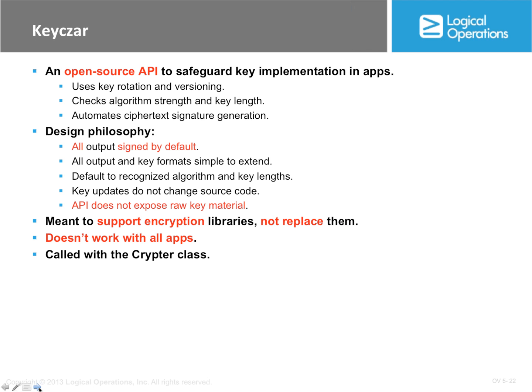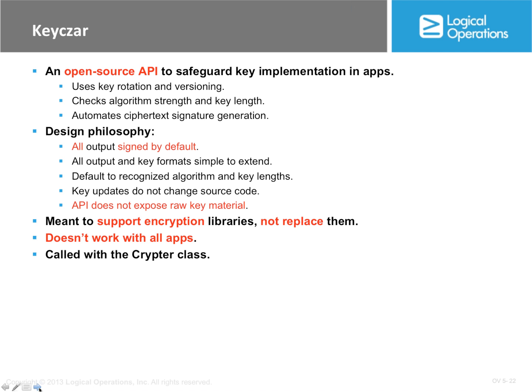So you can see the countermeasure to some of the bad decisions, or maybe we just don't know type decisions, made when it's centered around cryptography. Keyczar is designed to be that check and balance between the two. An important point of note: it's meant to support the encryption libraries, not replace them.